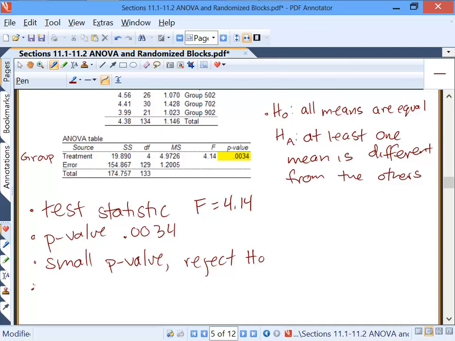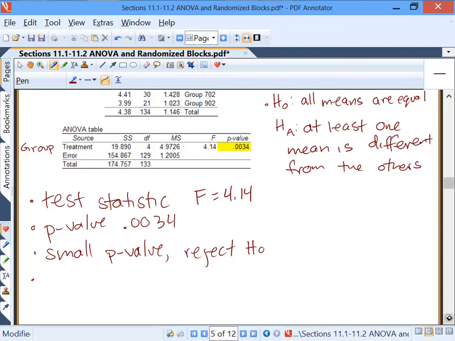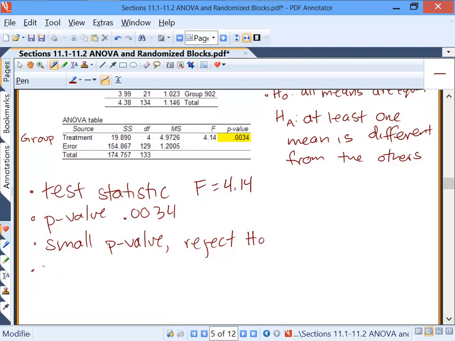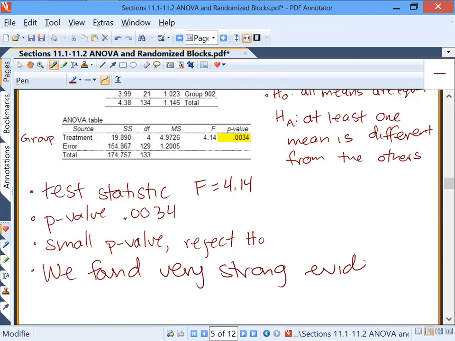Which means what? Let's see. So 0.0034, that's our very strong level, so we found very strong evidence that, how do you want to phrase this? Put it in the context.